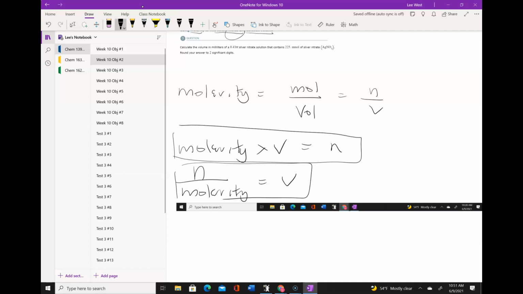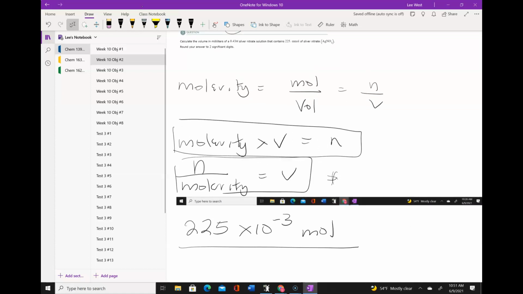So it says calculate the volume in milliliters. So we're calculating the volume of a 0.43 mole per liter silver nitrate solution that contains 225 millimoles of silver nitrate. So our number of moles, n, here is 225 times 10 to the minus 3 moles of silver nitrate.